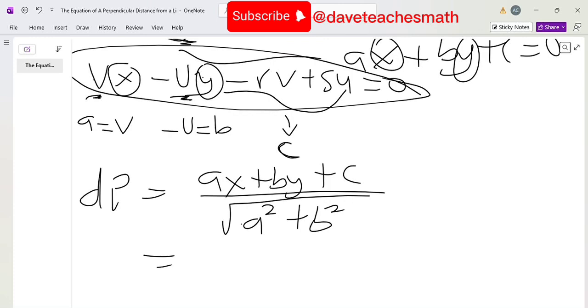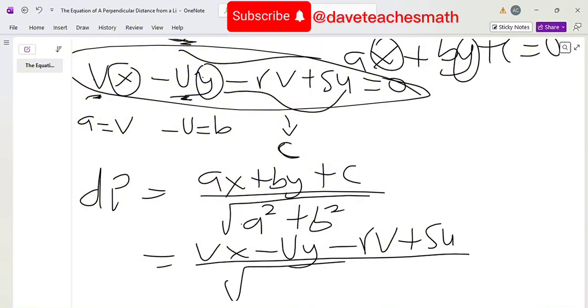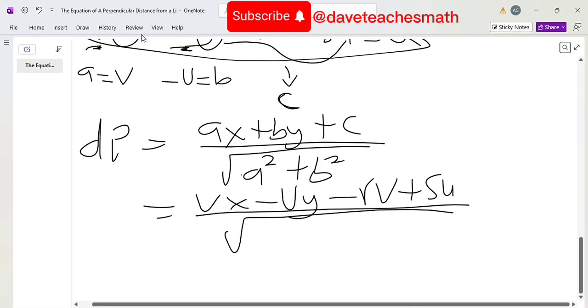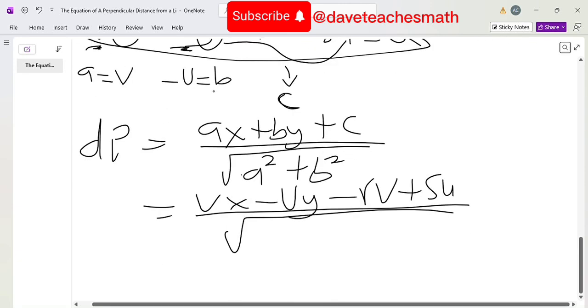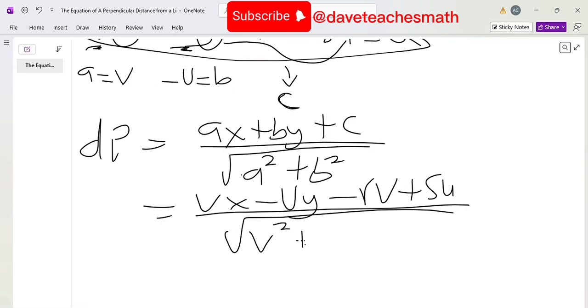So per what we had, we are going to have (vx - uy - rv + su) over the square root of v squared plus (-u) squared.